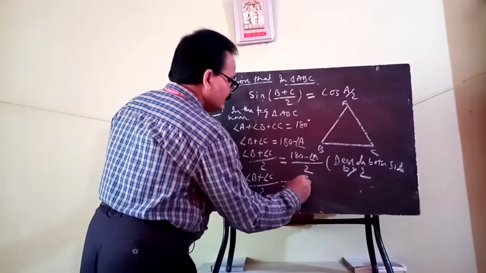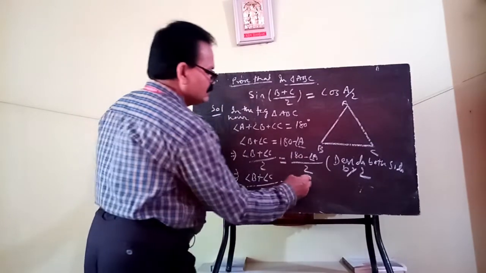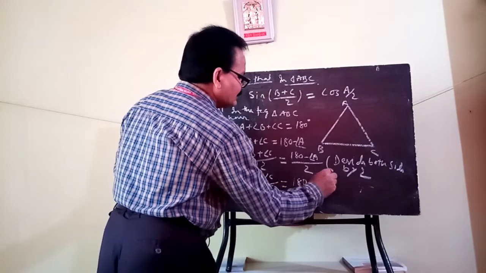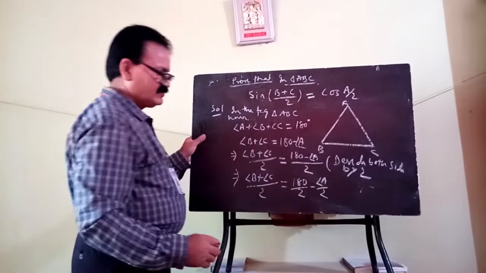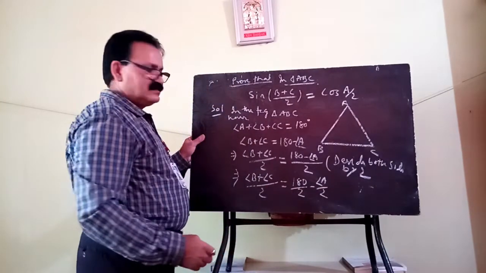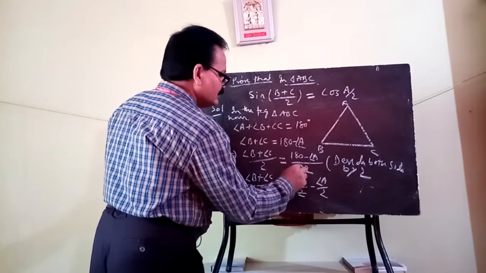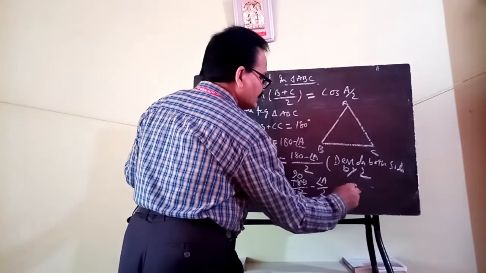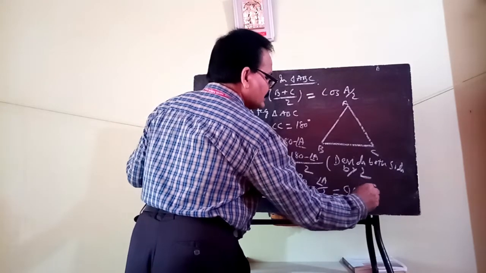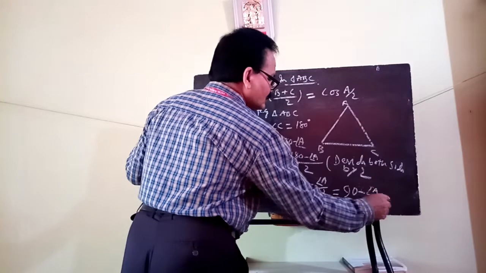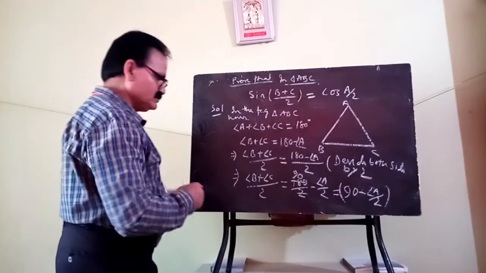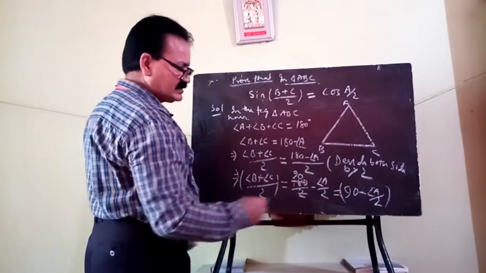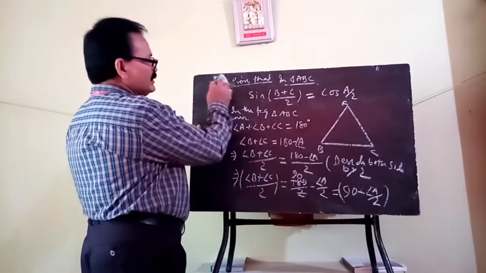On the right, take the difference of two fractions: 180 by 2, with common LCM, minus A by 2. 180 divided by 2 is 90. So your final answer becomes 90 minus angle A by 2. In the left hand side it is B plus C by 2, in the right hand side it is 90 minus A by 2. Okay.